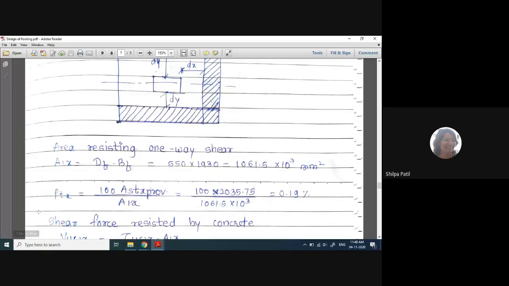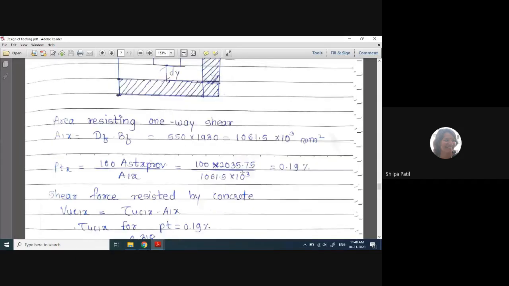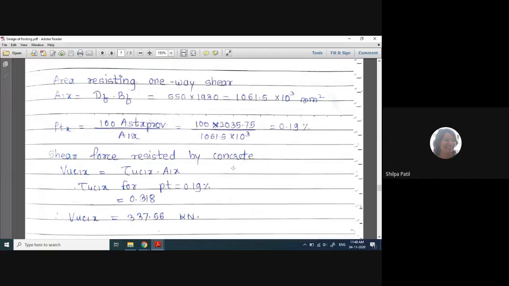Okay, then the percentage steel based on that is calculated, which is coming as 0.19%. Now, for the shear force resisted by concrete, the formula to be used is the same as what we used for design of shear for beams. So VUC1x is equal to tau C1x into A1x. The 1 is again because of the one-way shear.